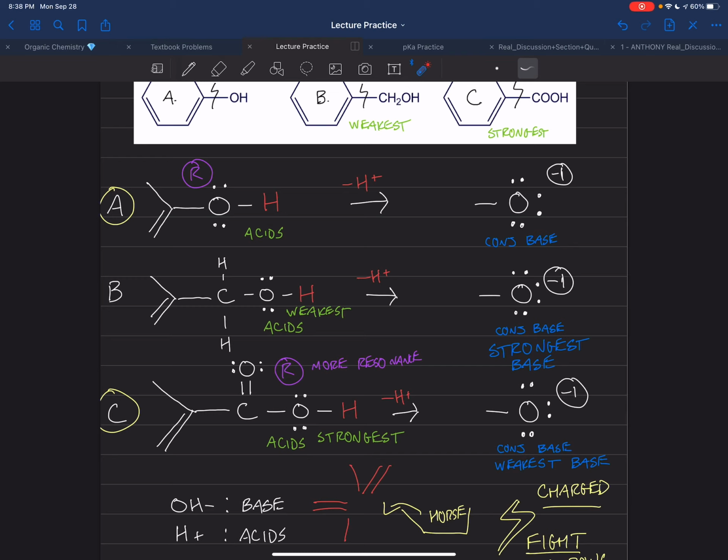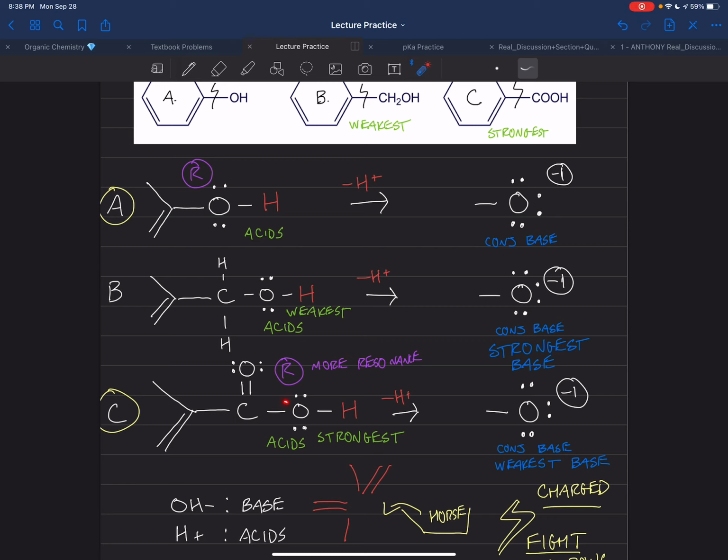So in addition to the more resonance options here, the oxygen is going to have what's called electron withdrawal. So it's going to pull electrons towards it, and that increases the strength of the acid and makes the base even weaker also.